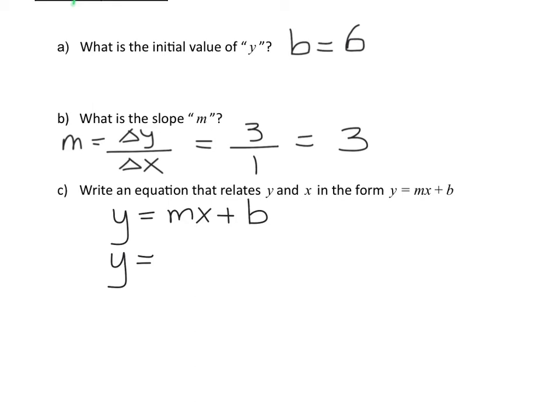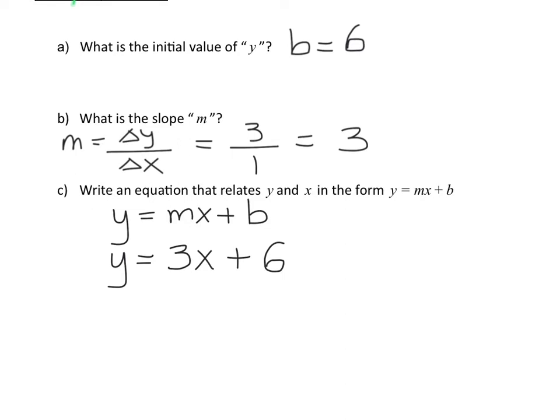In the place of m, I'm going to insert my slope, which we calculated to be 3. We're not going to touch the letter x, and we are going to put in a plus sign, and then my b value is 6. That was my initial value. So the equation for this particular linear relation is represented by y equals 3x plus 6.